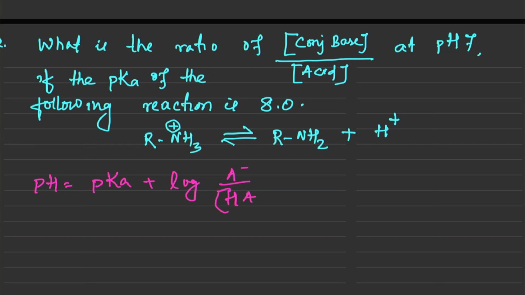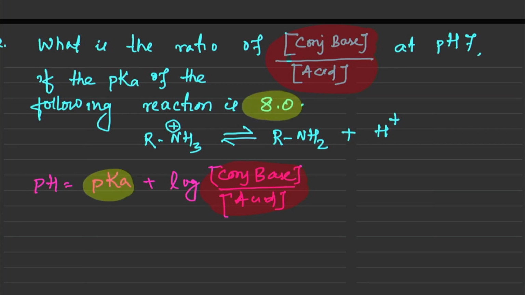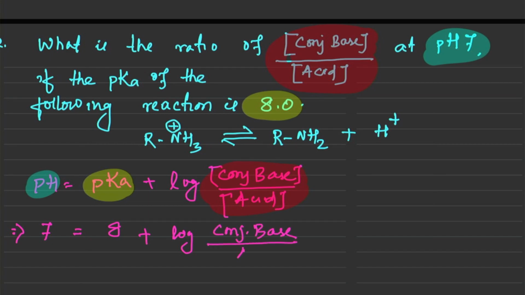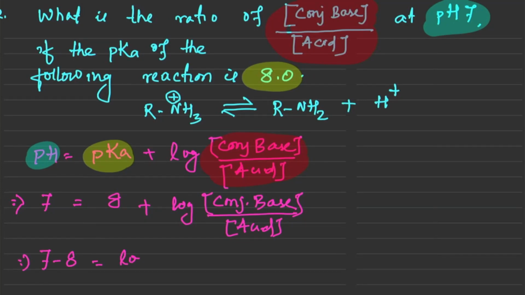Again, we were asked to find the ratio, and we were given the pKa, which is 8.0, and the pH, which is 7. So 7 equals 8 plus log of conjugate base divided by acid, and 7 minus 8 is log of conjugate base by acid.